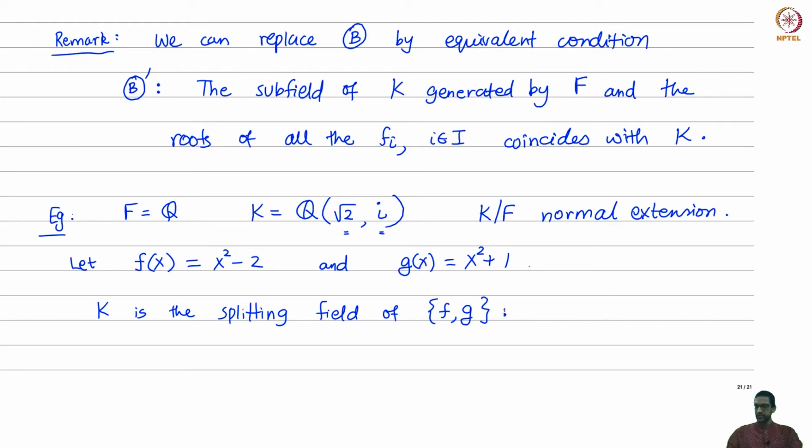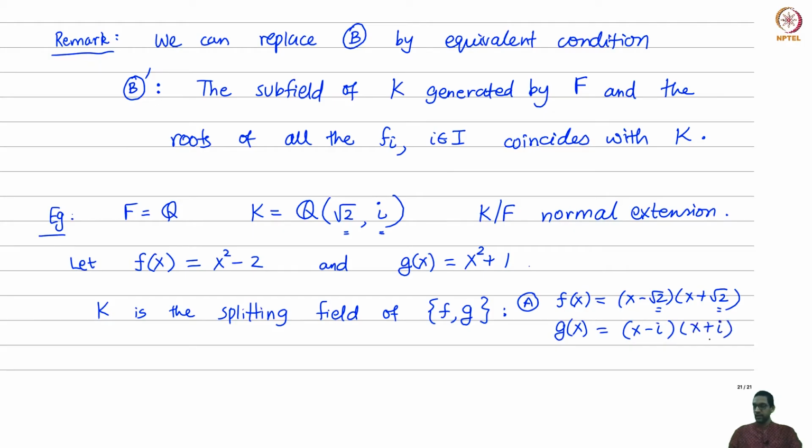Let's verify the two conditions quickly. A: both of them should split over this field. That's fairly obvious, because over this field f splits as (x minus root 2)(x plus root 2), and both minus and plus root 2 are in this field. g(x) similarly splits as (x minus i)(x plus i).